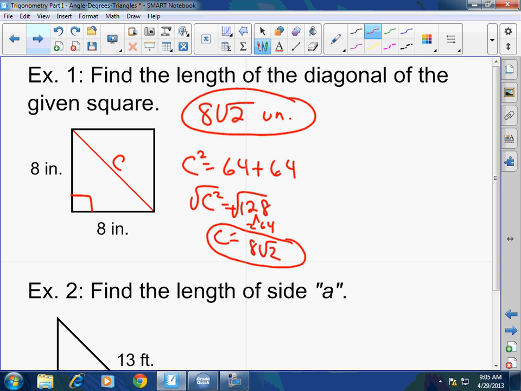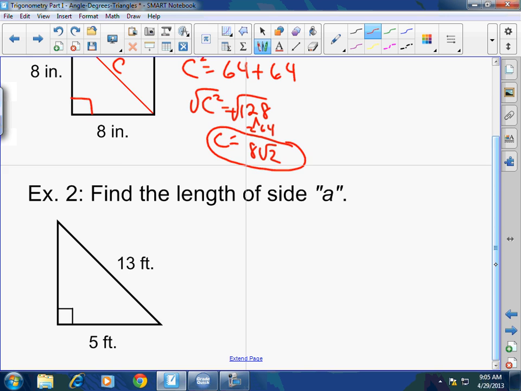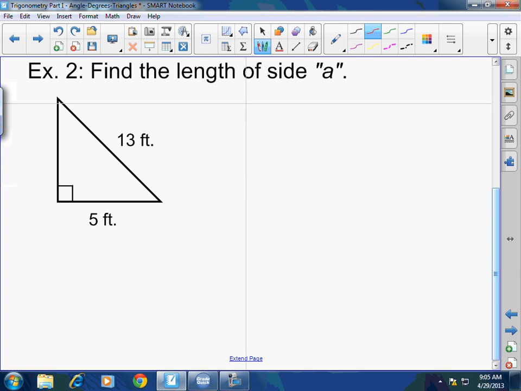Sometimes they give you a leg and the hypotenuse. Well, same thing. I want to find the side A. Apparently they gave me side B is 5, so this is A. So 13 squared equals A squared plus B squared. So that's 169 minus 25.